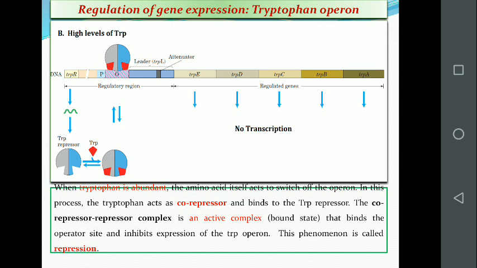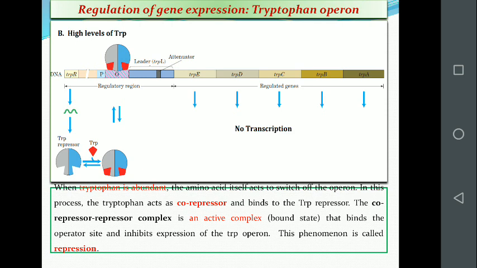Otherwise, it will continue to synthesize tryptophan beyond the requirement. So that means it reached a saturation point where further production of tryptophan is no longer required. It should stop the synthesis of tryptophan temporarily.